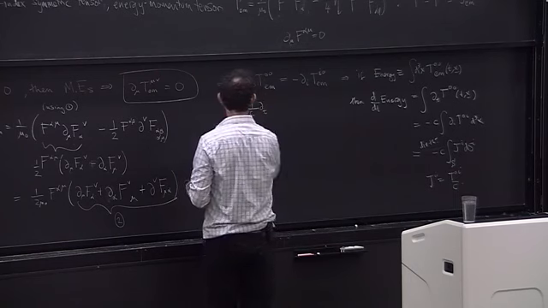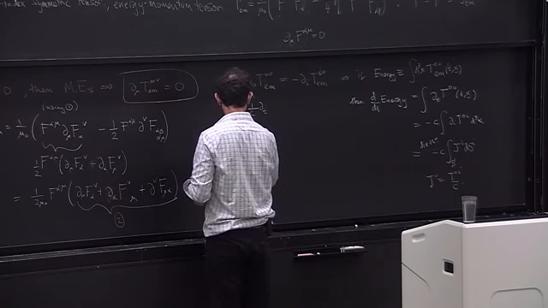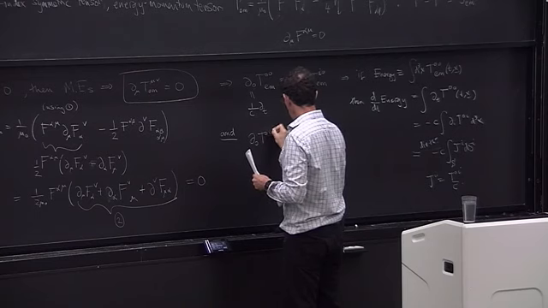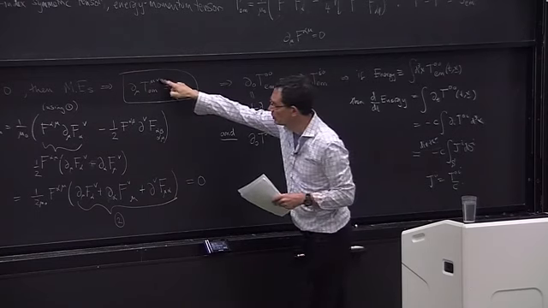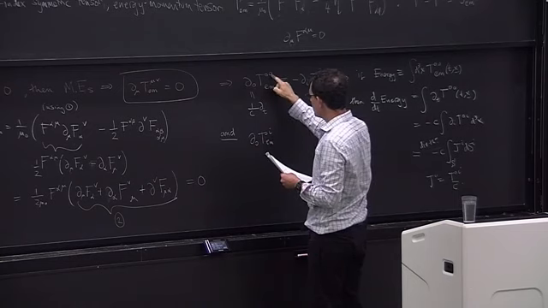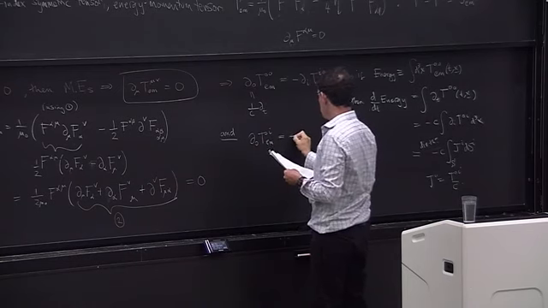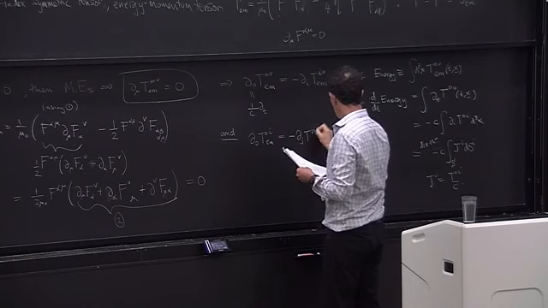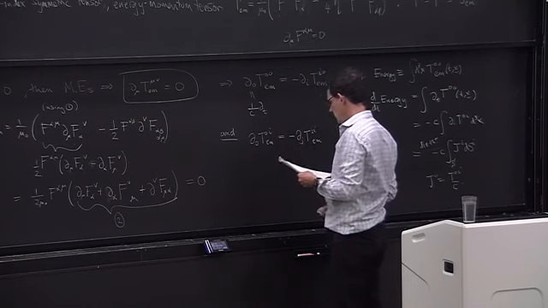And similarly, d naught of T naught I, I take the I components of this equation. There are three more equations. This is the 0 component. This would be minus dj of T jI EM.